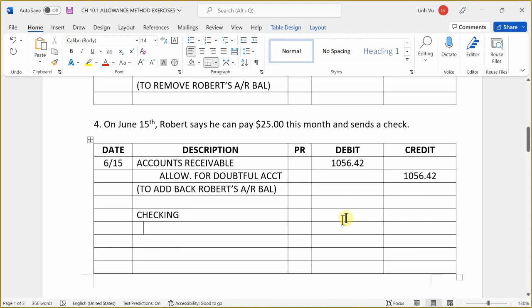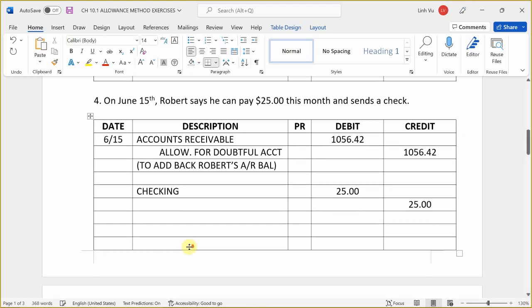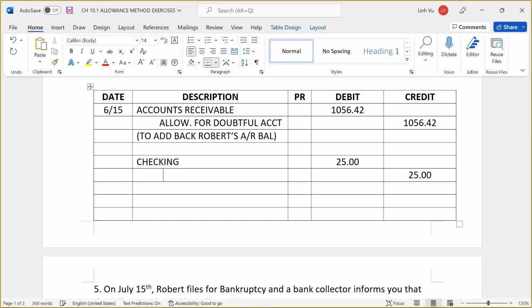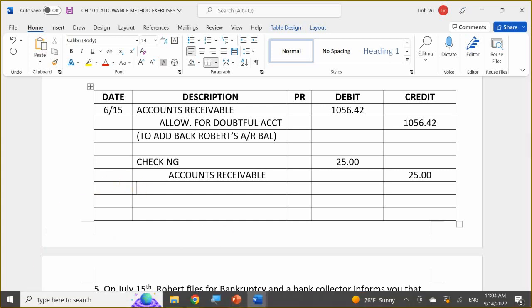And then accounts receivable 25 credit, just because now he's active again. That means he has potential to keep paying and paying. Okay. All right, and then of course, I'll add a note. Received payment from Robert. That's what I usually do.